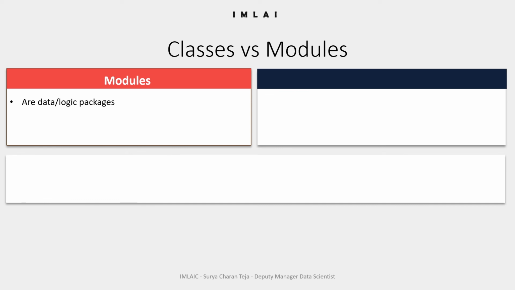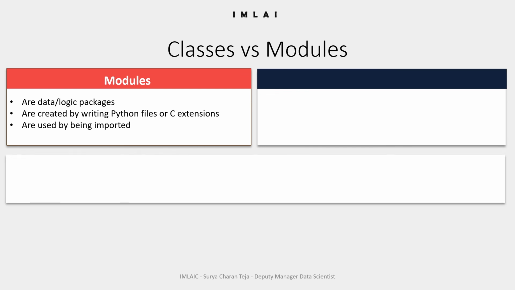And if you see the differences between classes and modules, modules are data or logic packages, which are created by writing Python files or C extensions. That's fine. But these are used by being imported.